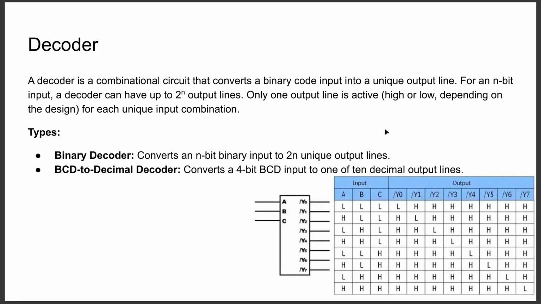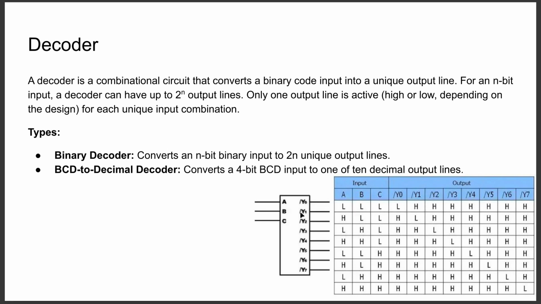A decoder. A decoder is a combinational circuit that converts a binary code input into a unique output line. For an n-bit input, a decoder can have up to 2 to the n output lines. Only one output line is active for each unique input combination. So a binary decoder converts an n-bit binary input to 2 to the n unique output lines.